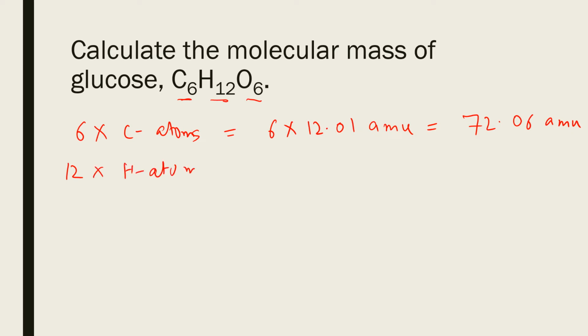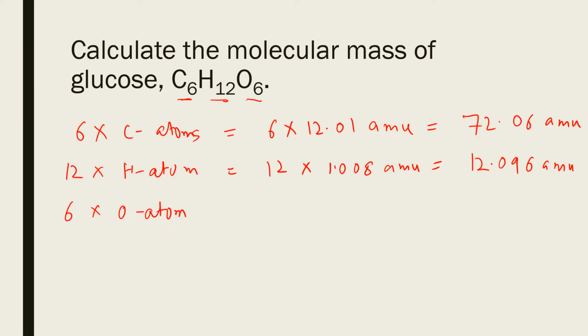We have 12 hydrogen atoms. Each hydrogen atom is 1.008, so if we multiply 1.008 with 12, we'll get 12.096 AMU. And glucose has 6 oxygen atoms, and each oxygen atom has an atomic mass of 16.00 AMU.